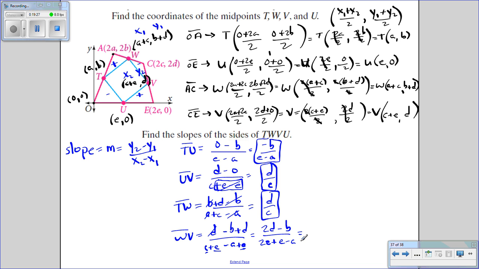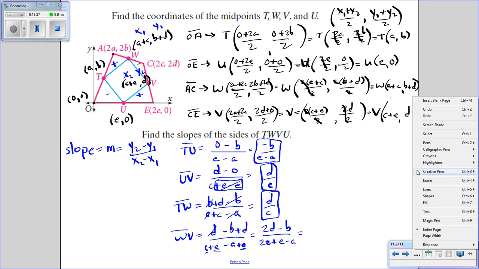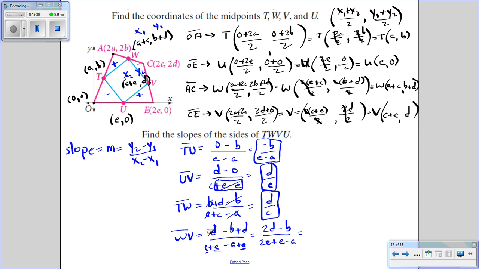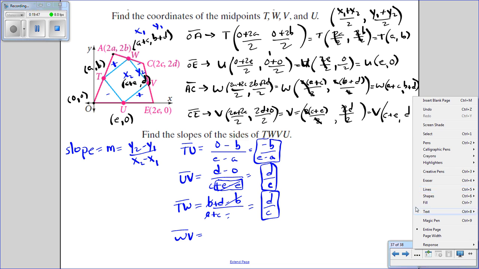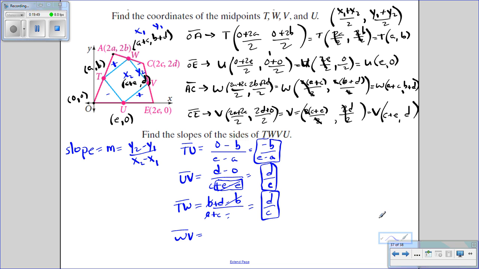Okay. See if there's anything we can simplify here. C minus E. Hold on. My apologies. I made a mistake here. Again, I apologize.